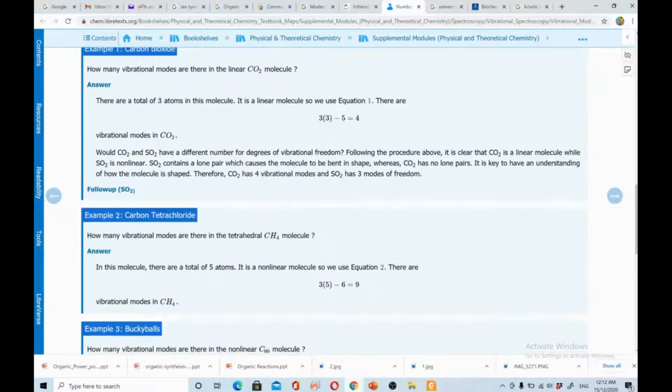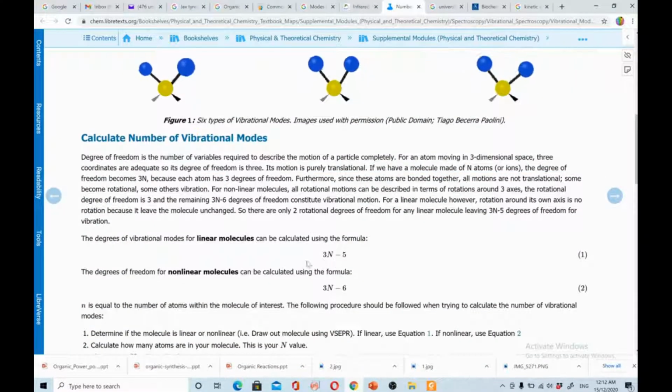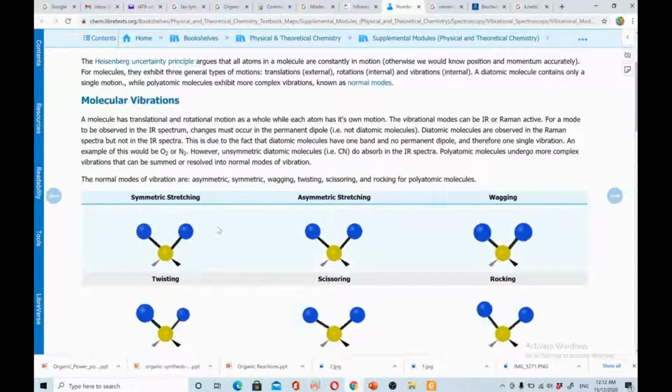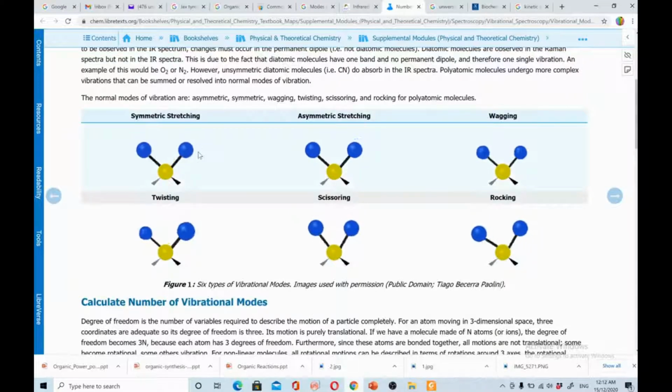So this is how you can apply these 2 molecular formulas for linear and non-linear molecules to calculate the number of vibrational modes. And the possible vibration modes that exist for a molecule are 6: symmetric, asymmetric, wagging, twisting, scissoring, and rocking.